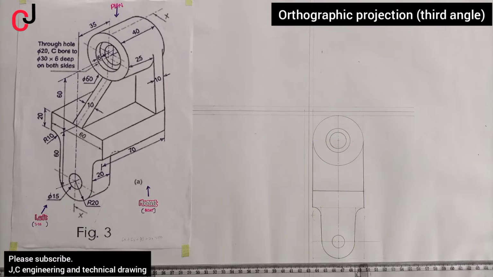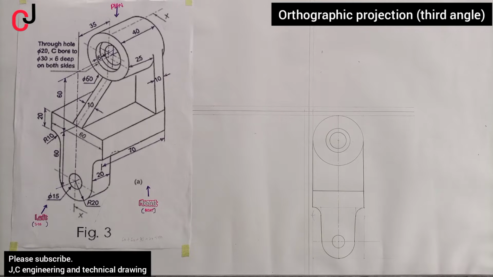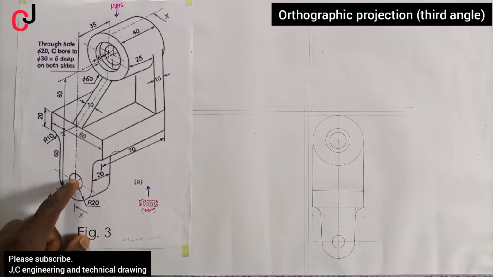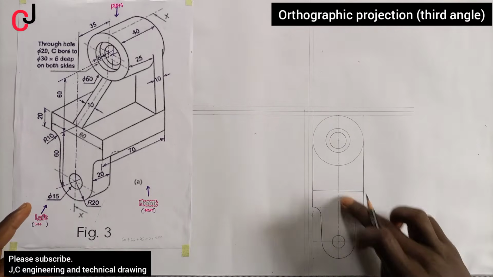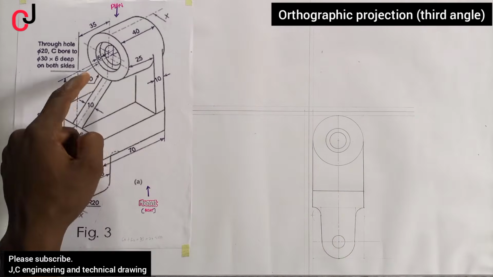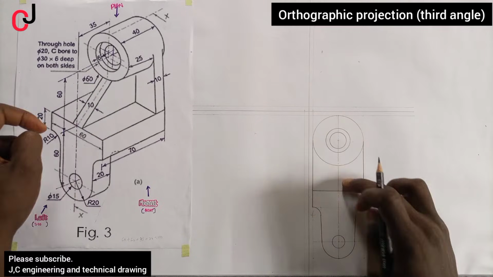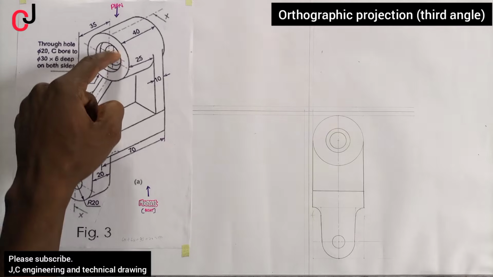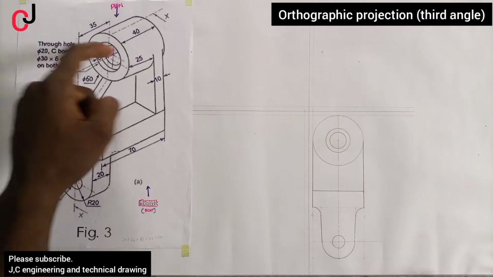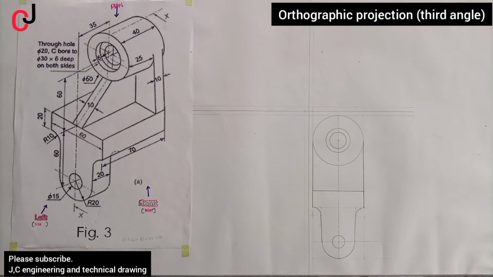Now you can see, if you are looking at it from this point, you see this hole, this shape. You can see this portion, which is this. You can see this smaller hole, and then the larger one of 30 millimeter.